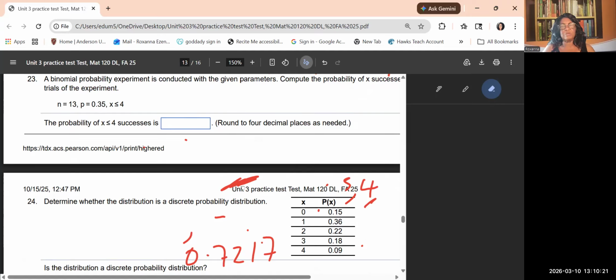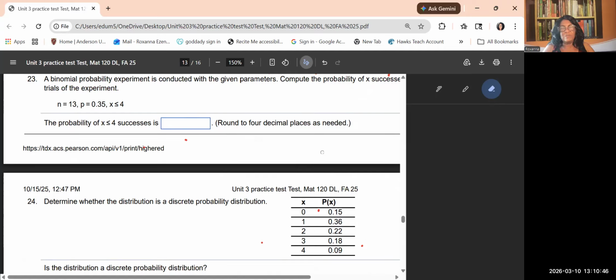So P plus Q equals 1. The rules of probability say that the sum of all the probabilities must be 1. And there will be no negative probability, because binomial probability is also probability. It has to obey the rules of probability.